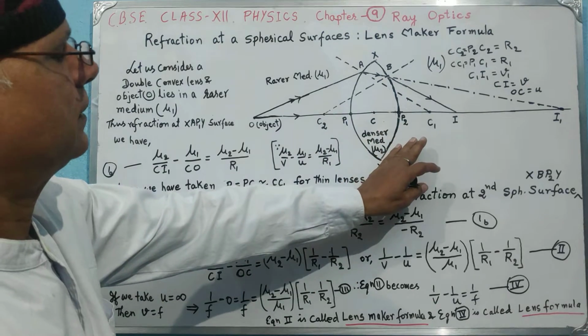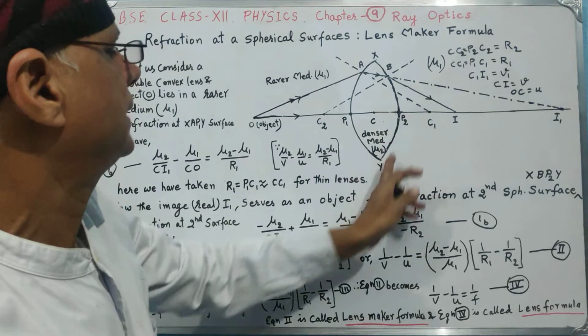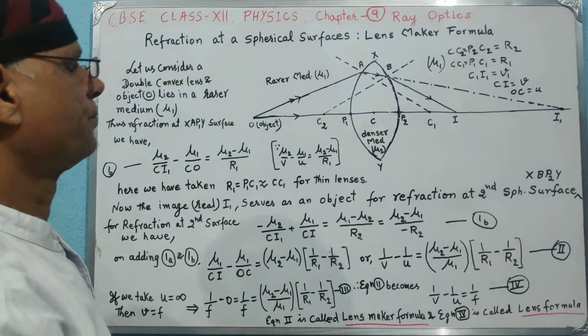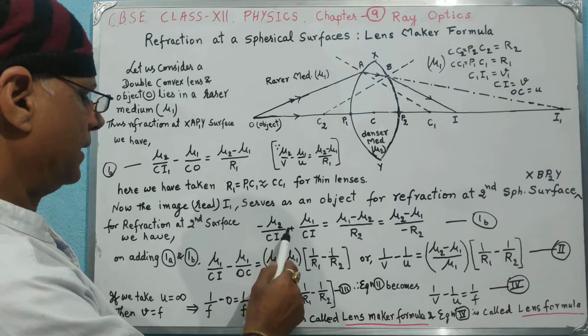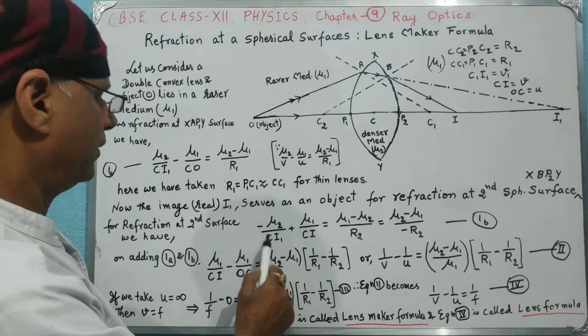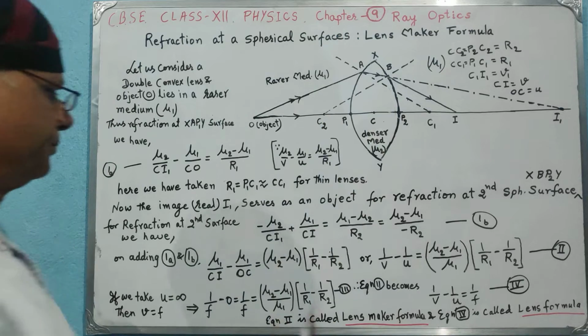This is the image of the object I1 due to refraction at the surface, and so we write mu1 upon CI minus mu2 upon u, and that is for u you have CI1.